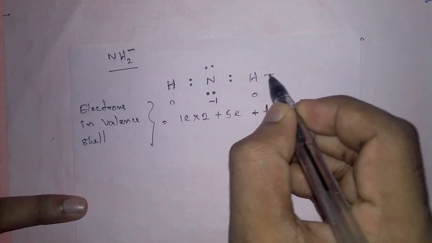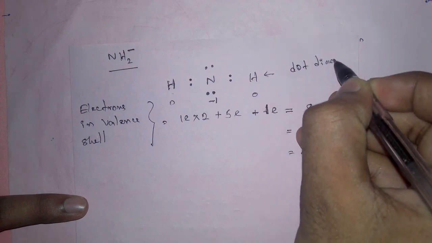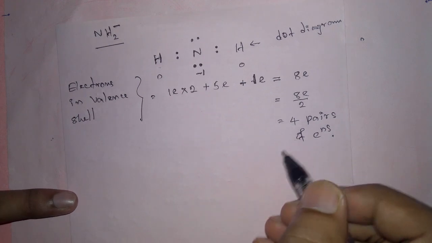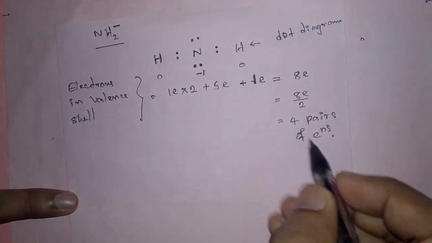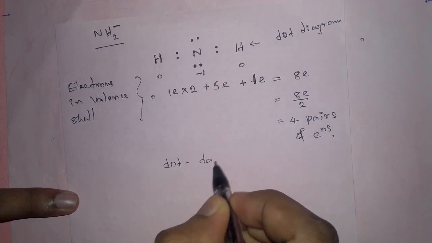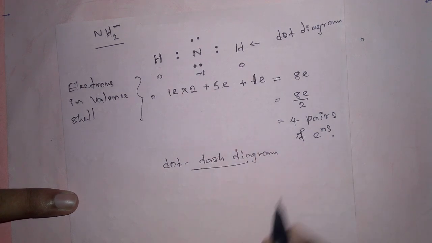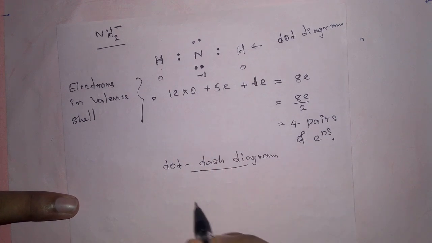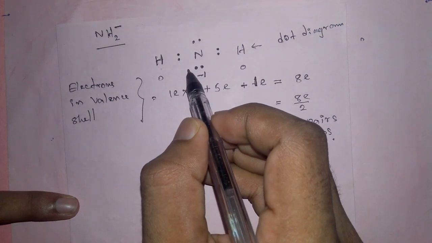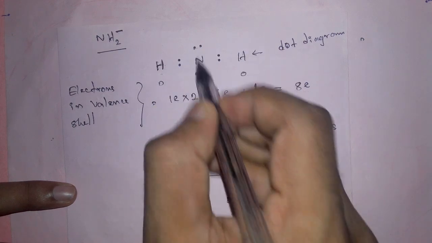And this is the Lewis dot diagram. Let's see how to draw the Lewis dot dash diagram by using this Lewis dot diagram. Again you can see there are two types of electron pairs: bond electron pairs and lone electron pairs.